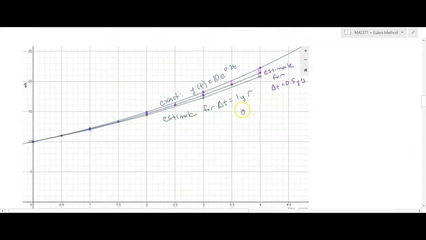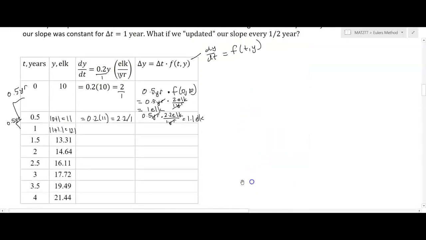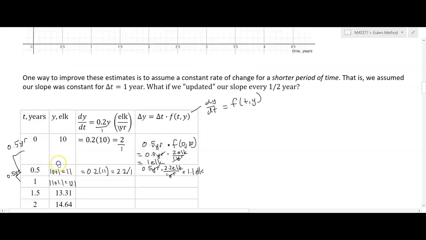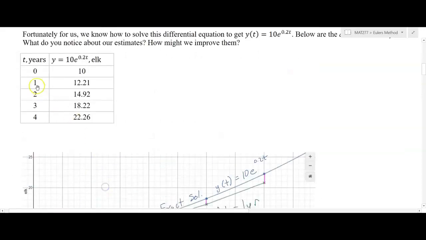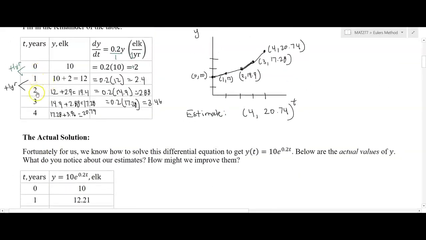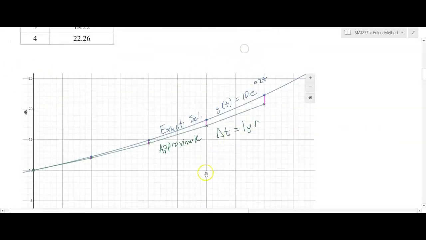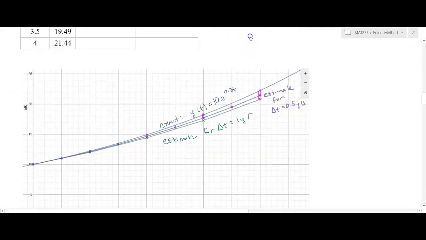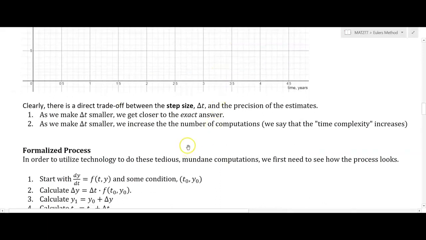We had to double the number of computations in order to cut the time step in half. We had to basically make our table a lot larger. We had 1, 2, 3, 4, 5, 6, 7, 8 time steps, whereas here we only had 1, 2, 3, 4 time steps. So we gain precision, but we increase the number of computations.